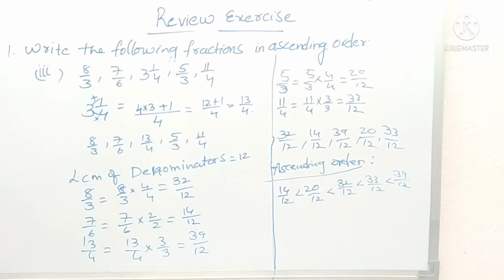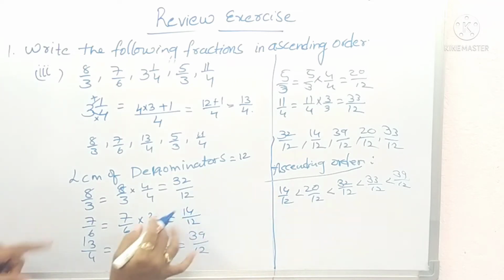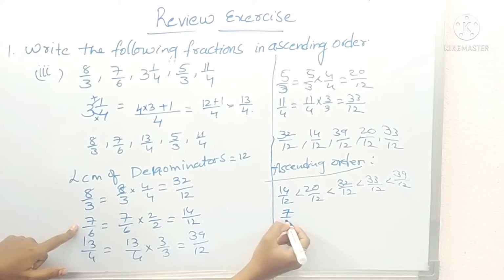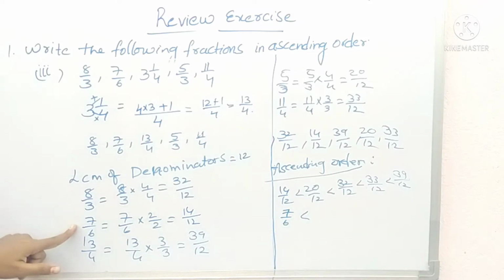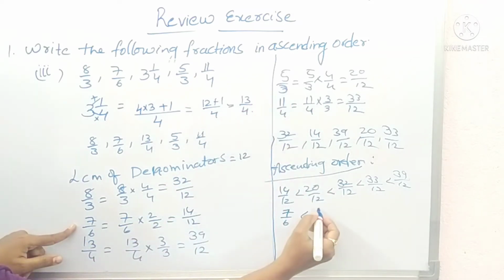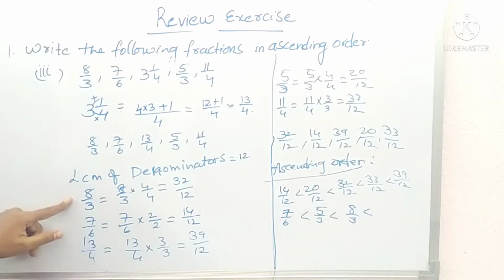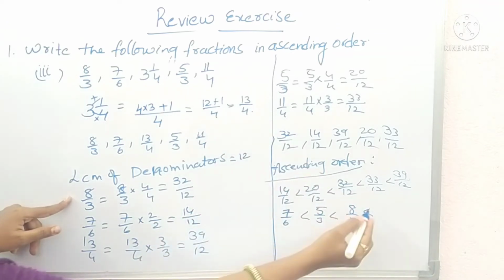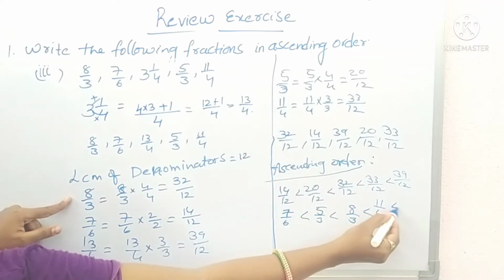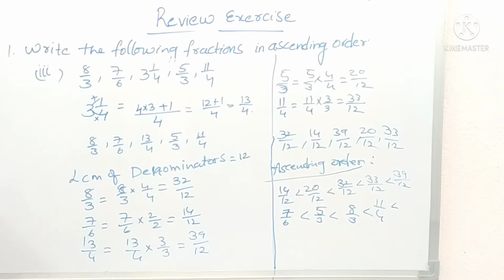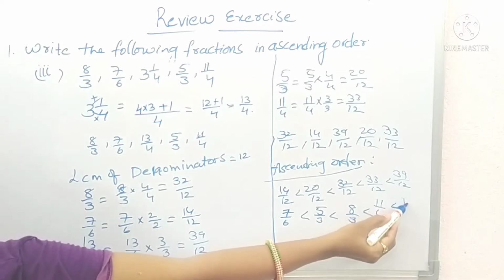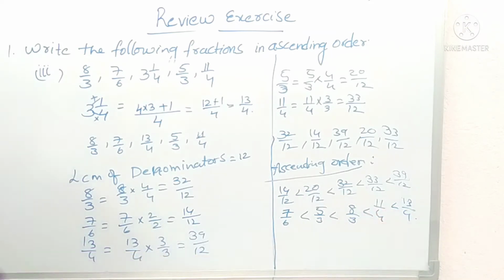Okay. So if you want, you can write another step also. What is this 14 by 12? 7 by 6. So write 7 by 6 here. 20 by 12 is 5 by 3. And 32 by 12 is 8 by 3. 33 by 12 is 11 by 4. And our last one, 39 by 12, is 13 by 4. In this way, you can write in ascending order.